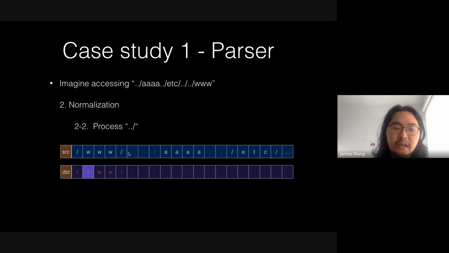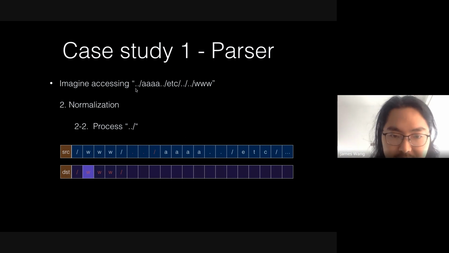Okay. After that, the next part we're going to process is the parent directory pattern here. By processing this pattern, we're effectively throwing away the last part of the resolved path, so we're throwing away the triple W slash part.